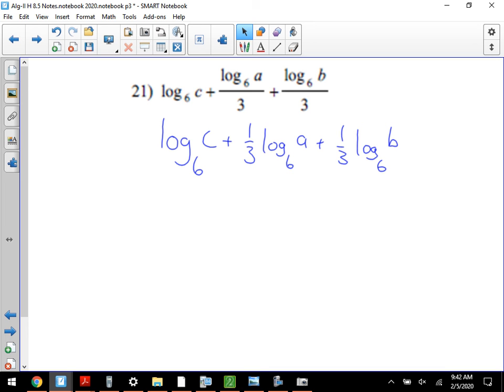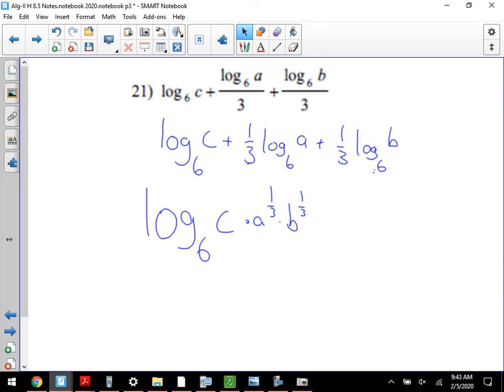So in this case, I need to condense it. I need to write this as 1 log. As you look at this, you'll notice it's adding between each piece, which means everything's being multiplied. Two of these have the 1/3. So for both of these, I would start out with log base 6 of c times a to the 1/3 times b to the 1/3. Can I write that any cleaner?